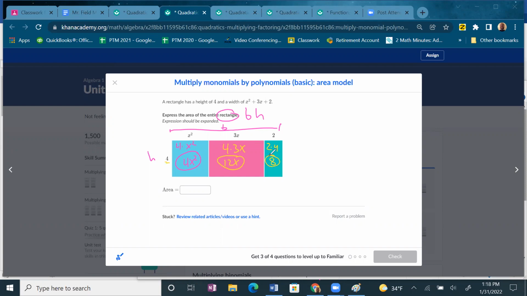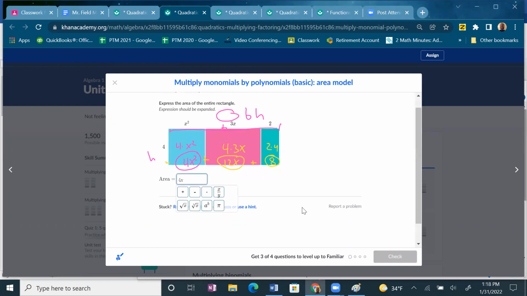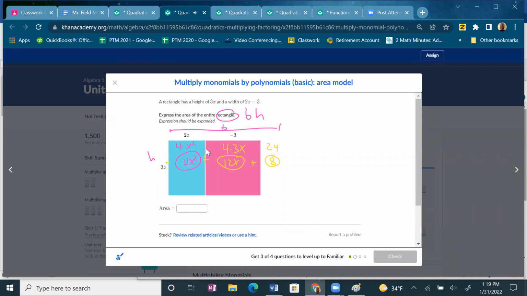So our answer is going to be the polynomial where all of those are added together. Unfortunately, all in the same color, like my work. Plus 12x plus 8. You see? So we just add them together.